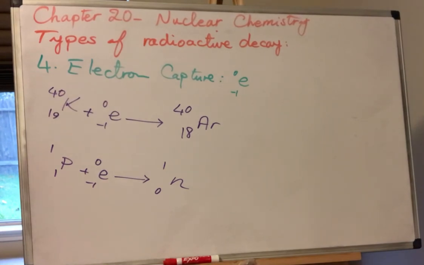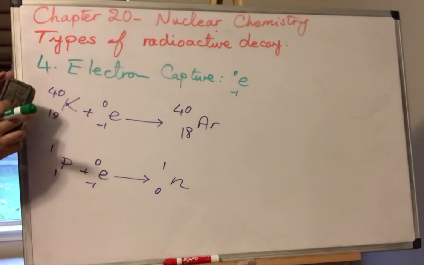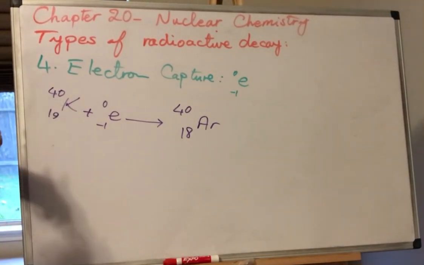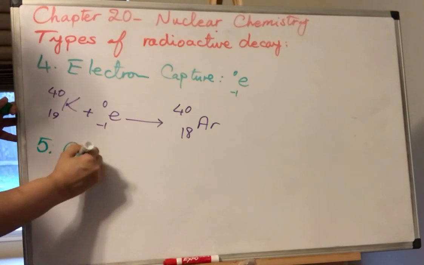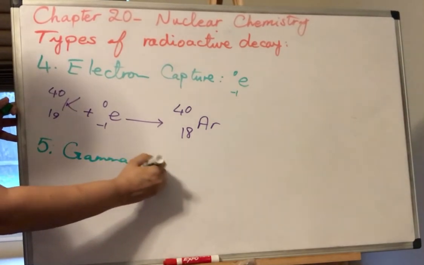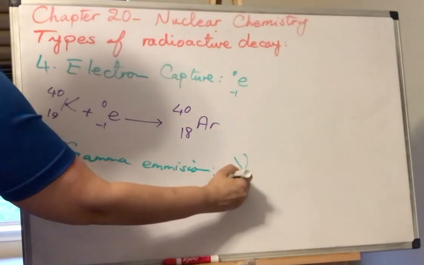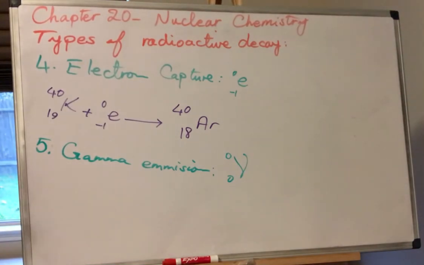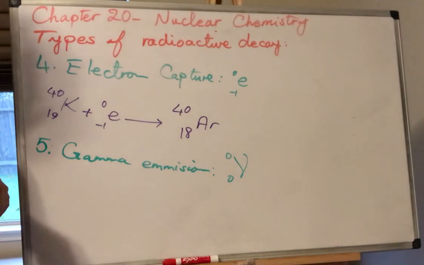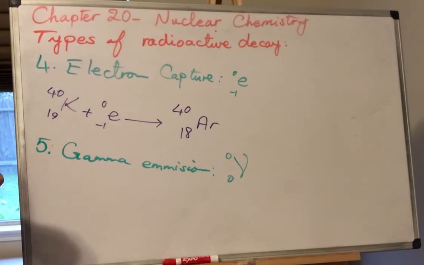The fifth type of emission is gamma emission. Gamma is this particle with 0 and 0, so nothing happens to the mass or atomic number. You only have the emission from an excited nucleus of a gamma photon, with a very low wavelength, like 10 to the negative 22.